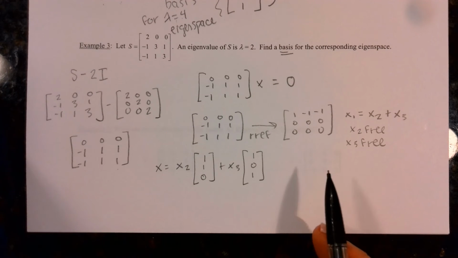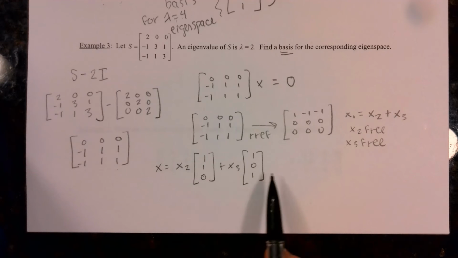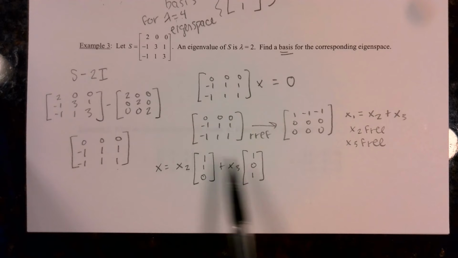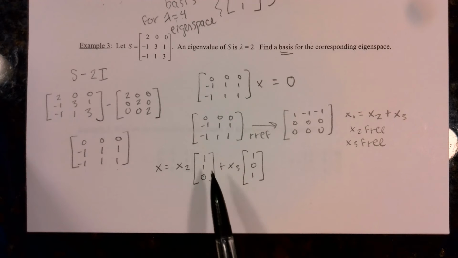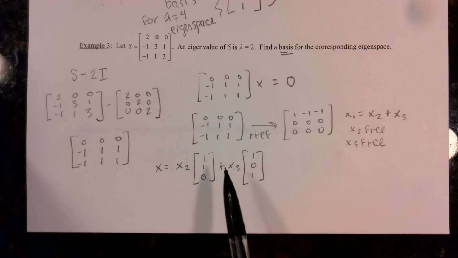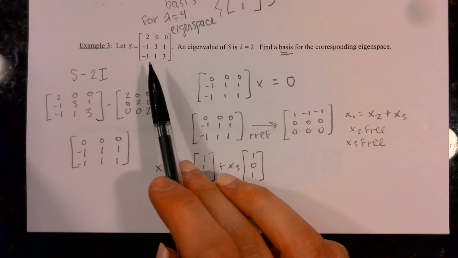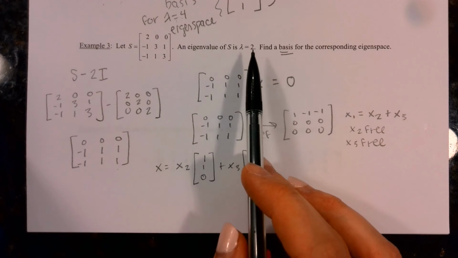These are linearly independent vectors, and the span of these 2 vectors, all linear combinations of these 2 vectors, will be solutions to Ax equals 0. The span of these 2 vectors will be eigenvectors for the matrix S, specifically corresponding to the eigenvalue lambda equals 2.